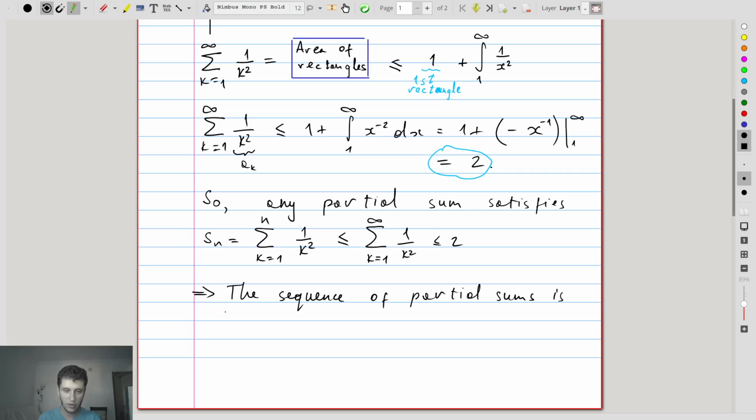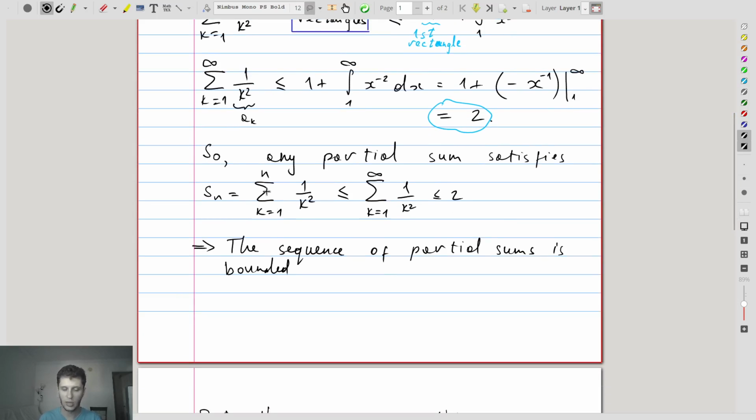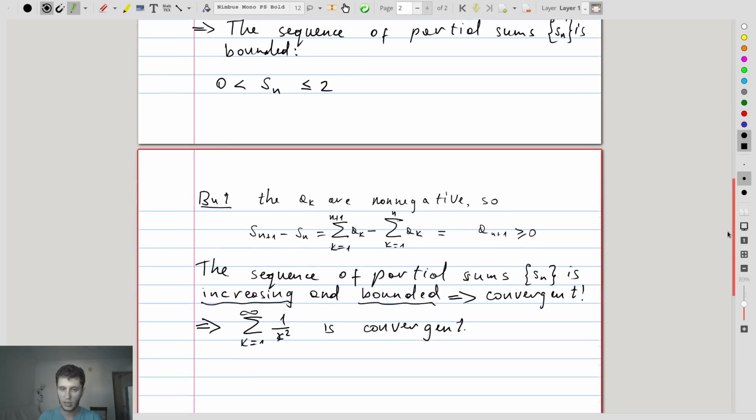That is because if you look at partial sums, they are all adding up positive a_k. So all the S_n are positive and they are at most 2. Okay, so it's a bounded sequence if we consider partial sums. But we know that the infinite sum is determined as the limit of partial sums.